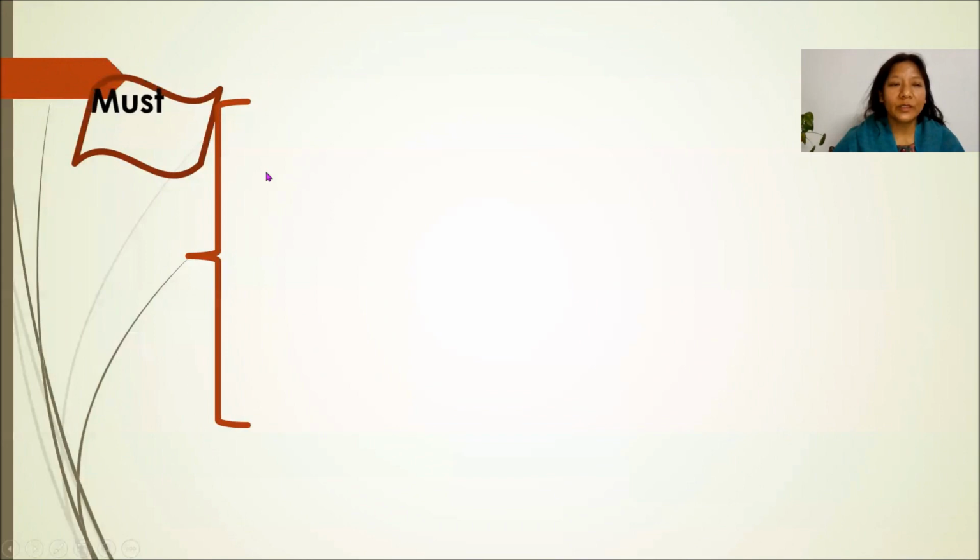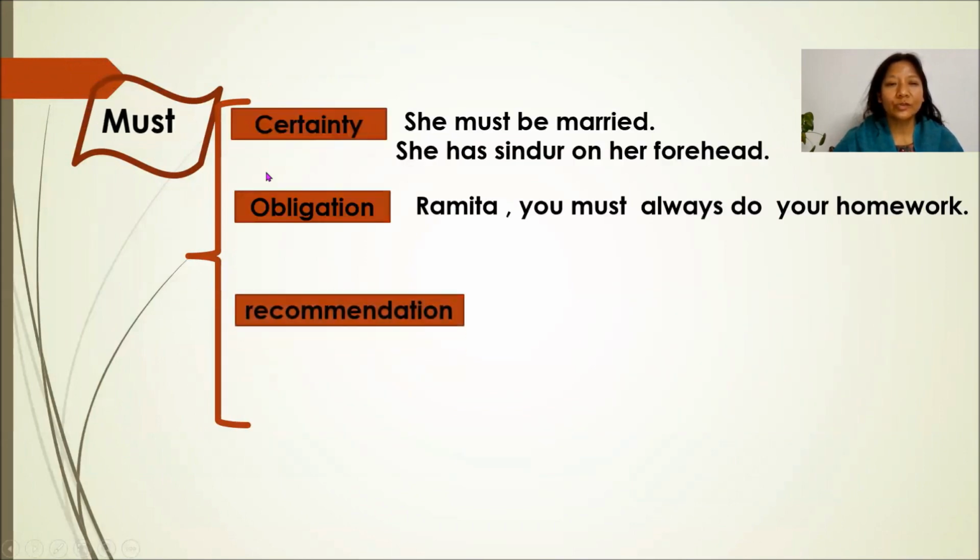Another modal verb is must. Must is used to show certainty. She must be married. She must be married because she has sindoor on her forehead. Okay, by seeing sindoor on her forehead, we guess she must be married. Okay, obligation. Ramita, you must always do your homework. To show obligation, we also use must. And recommendation.